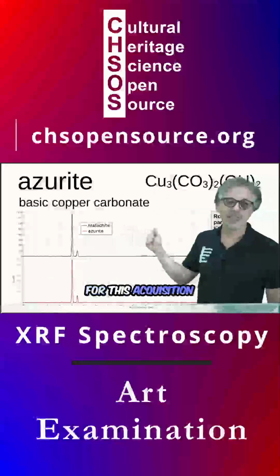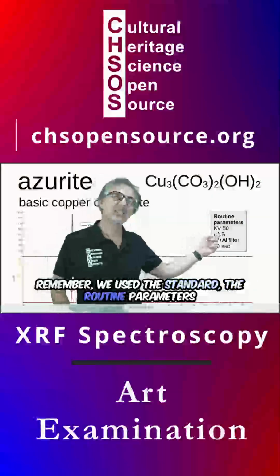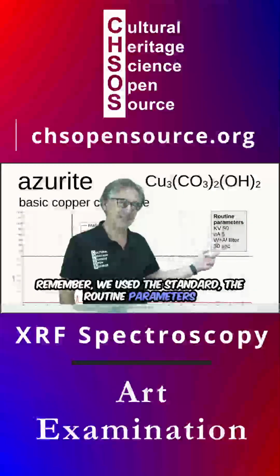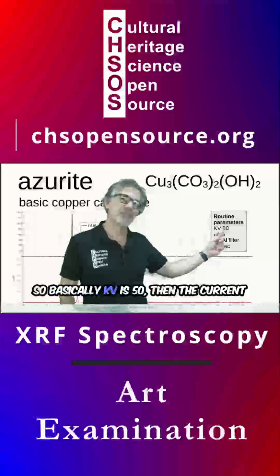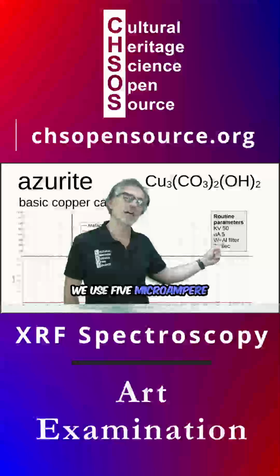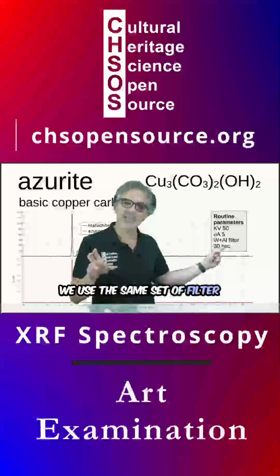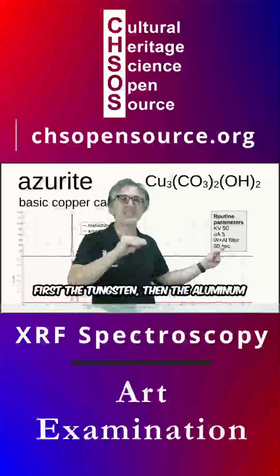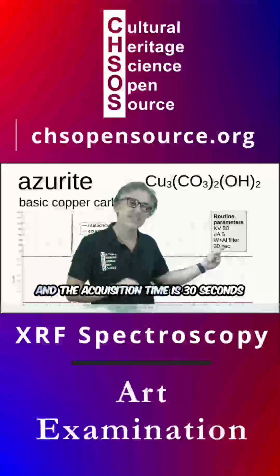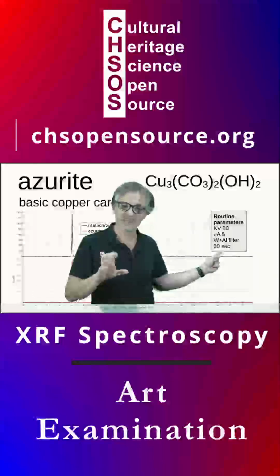For this acquisition, remember, we use the standard routine parameters. The voltage is 50 kV, the current is 5 microamperes. We use the same set of filters, first the tungsten, then the aluminum of 1 millimeter thickness, and the acquisition time is 30 seconds.